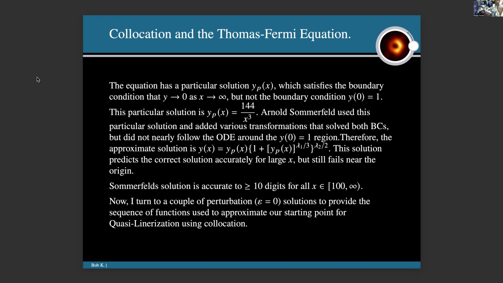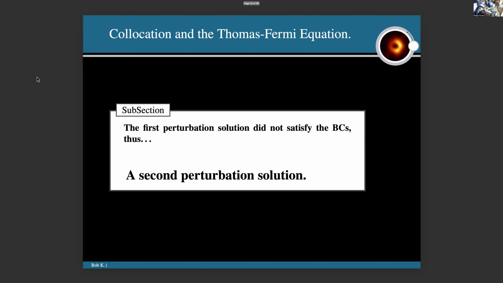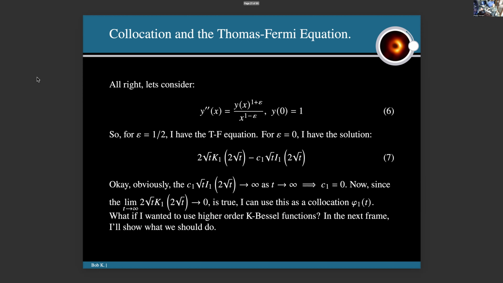And I used a couple of various perturbation solutions on the Thomas-Fermi equation. The first perturbation solution didn't even satisfy the boundary conditions, therefore we did a second one. And this one was where you take 3 to the halves by taking 1 plus epsilon goes to a half, and the square root of x is 1 minus epsilon.